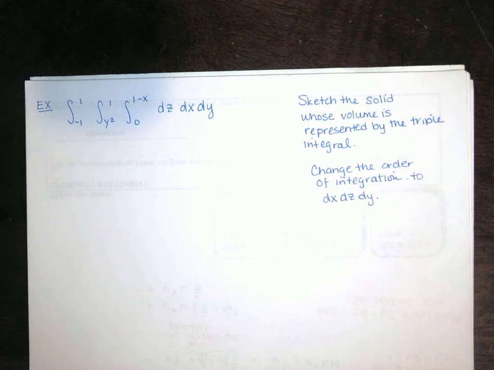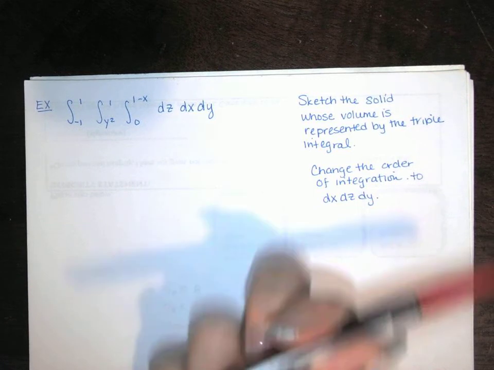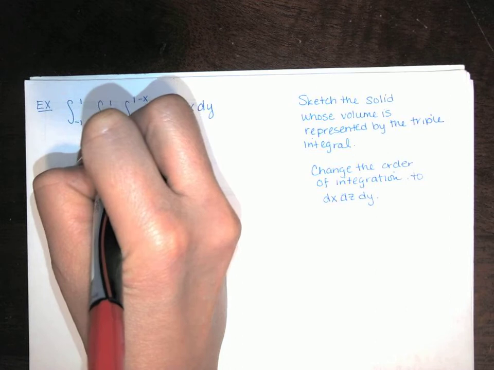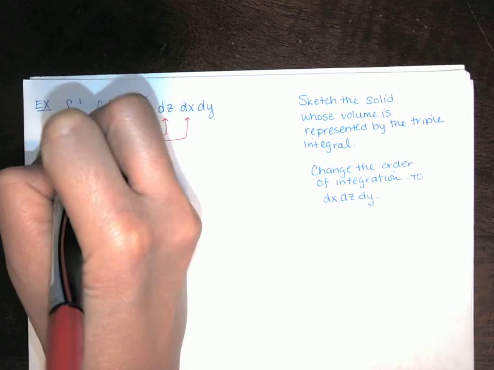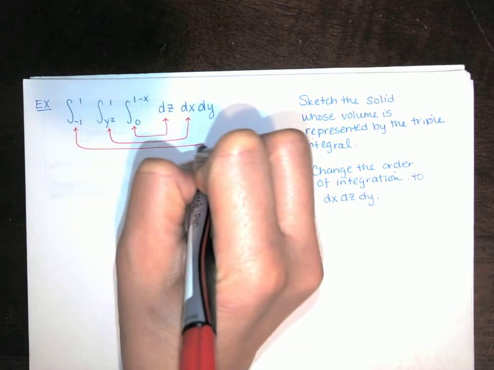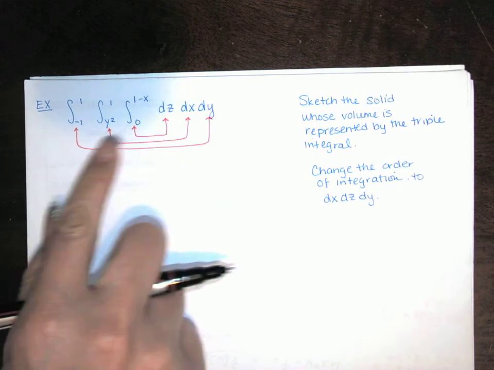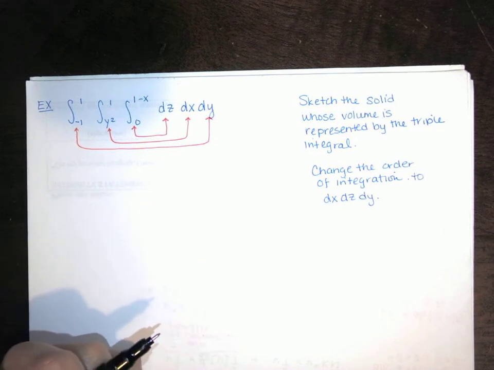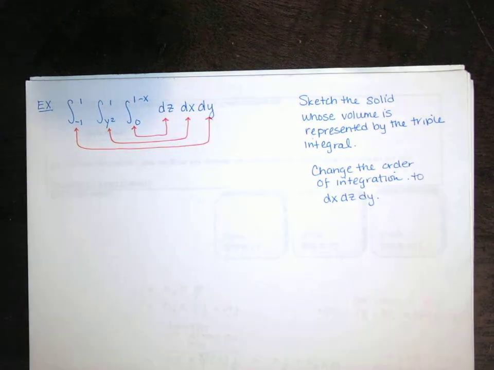Okay. First we'll sketch the solid. In order to do that, we use the bounds for each variable just to describe some surfaces, because our solid is bounded by all of these different surfaces.